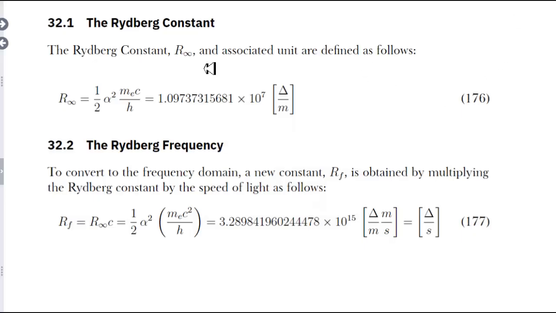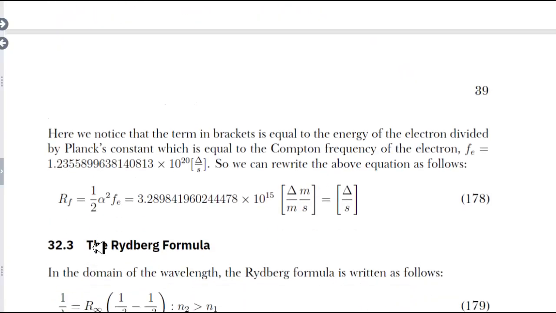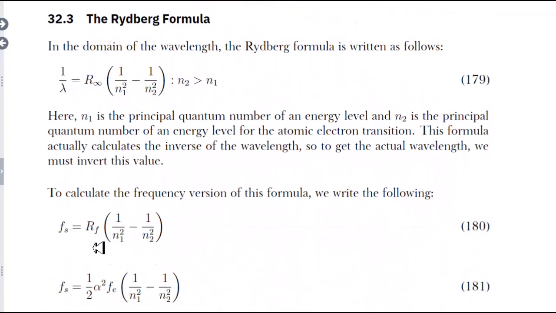Now that I showed you how to convert the Rydberg constant from the domain of the wave number to the domain of the frequency, I am going to show you how to convert the Rydberg formula to the frequency domain as well.